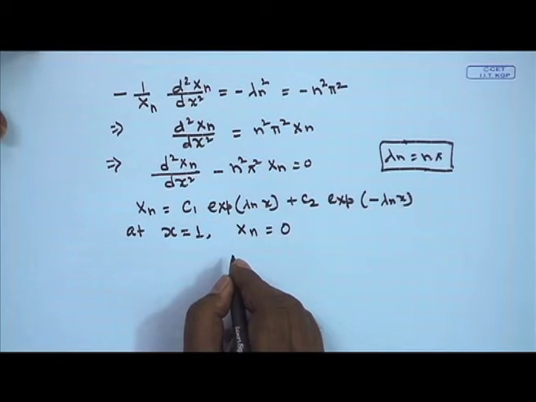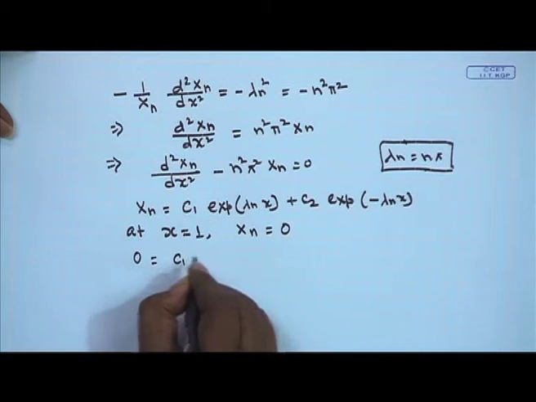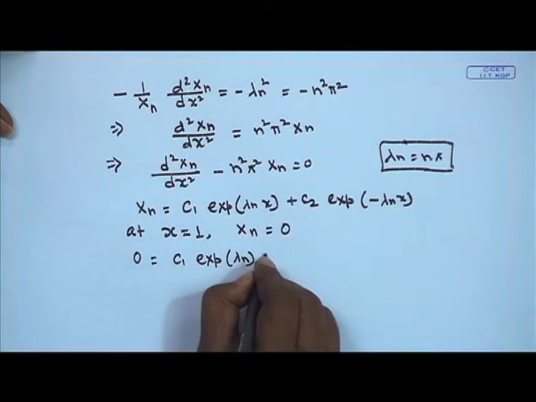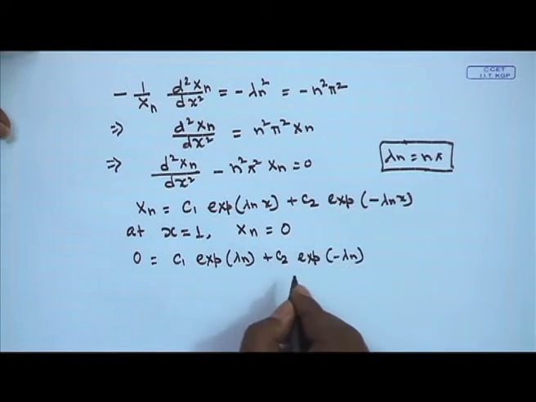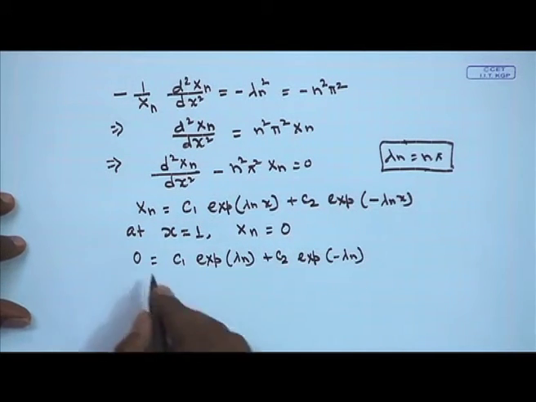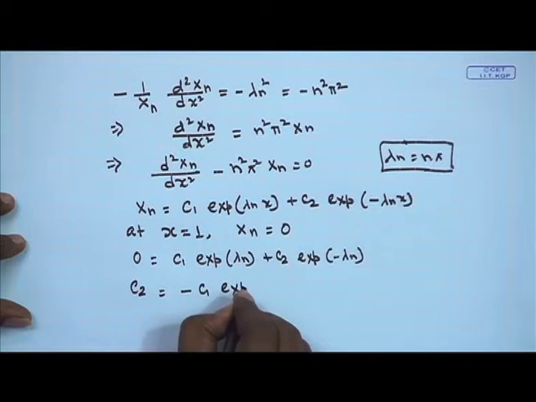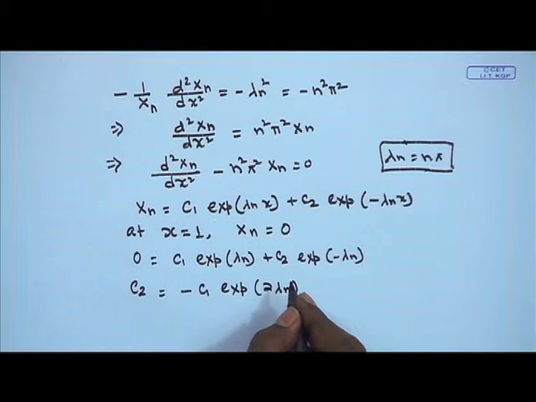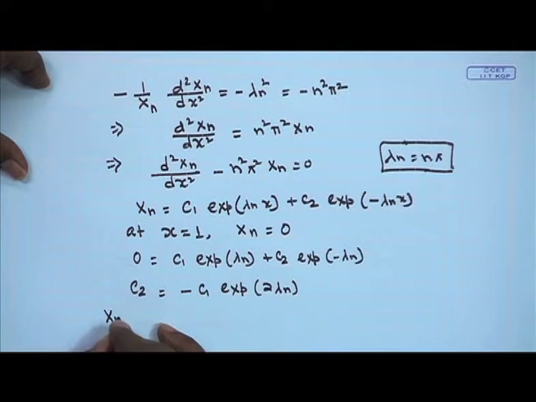So, if we put that boundary condition, let us see what we get. 0 is equal to C1 exponential lambda n plus C2 exponential minus lambda n. Therefore, we can get C2 is equal to minus C1 exponential 2 lambda n.